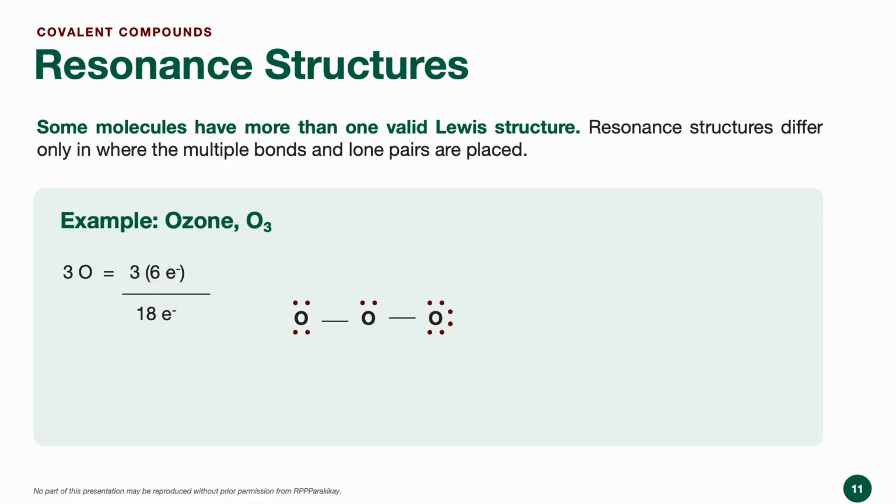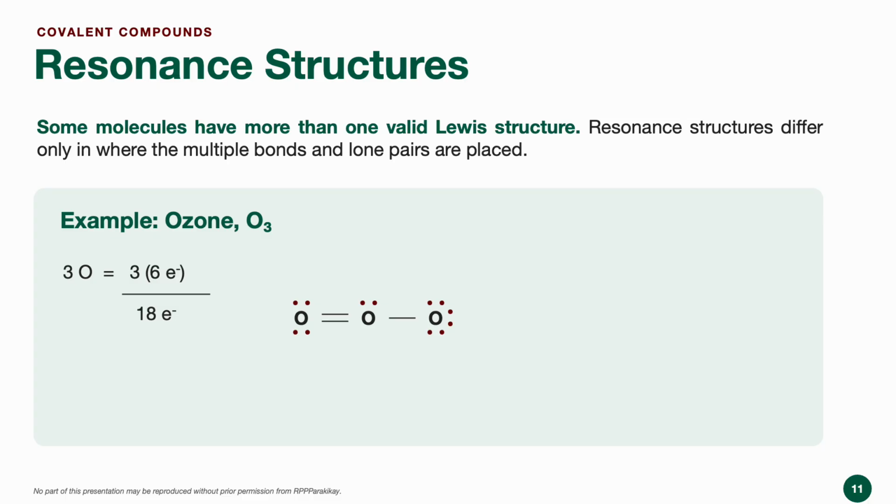By doing that, it just relocates the lone pair into a bonding pair. And if we verify every atom, now it has a full octet. The central oxygen has 1 lone pair, 1 single bond and 1 double bond. So total 8 electrons surrounding it.